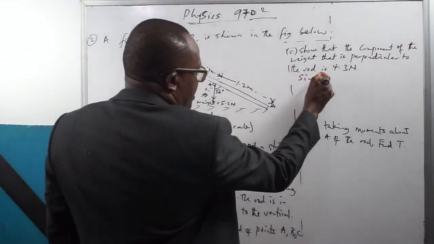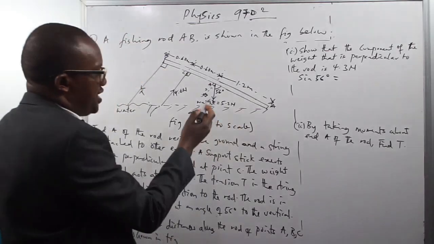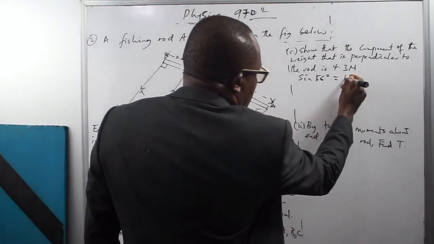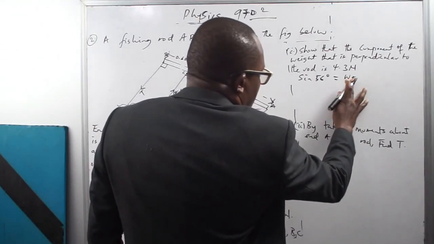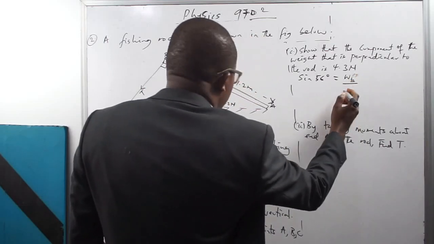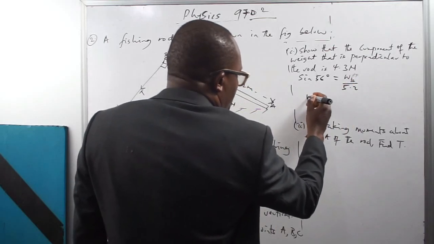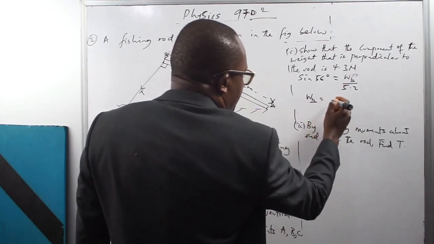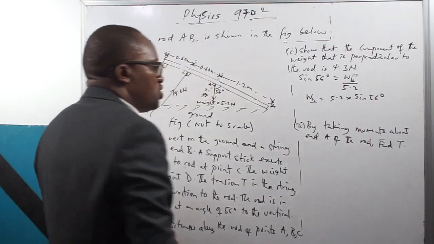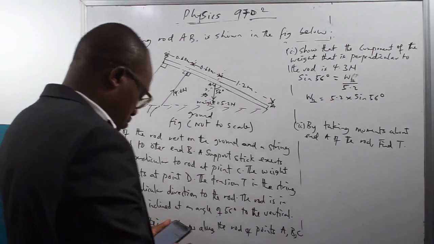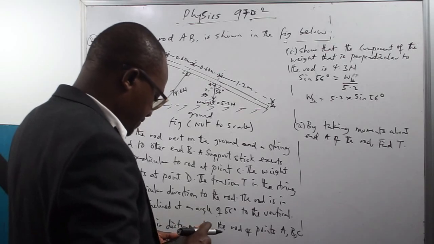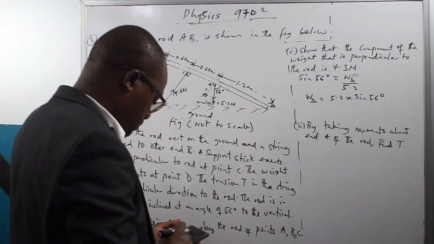So you have sine 56 is equal to the component of the weight of the rod perpendicular to the pivot, that is W perpendicular, over the weight, which is 5.2. So the component of the weight of the rod perpendicular to the pivot will be 5.2 times sine 56. If you do that with your calculator, you don't waste much time. You just write your answer.